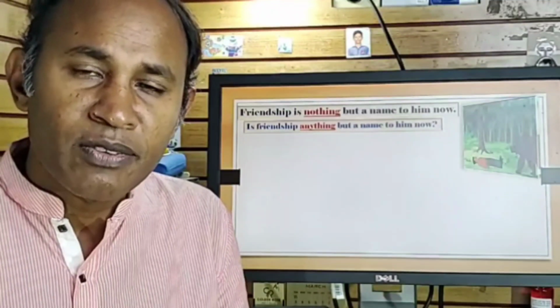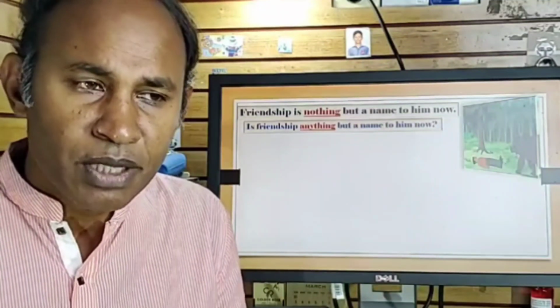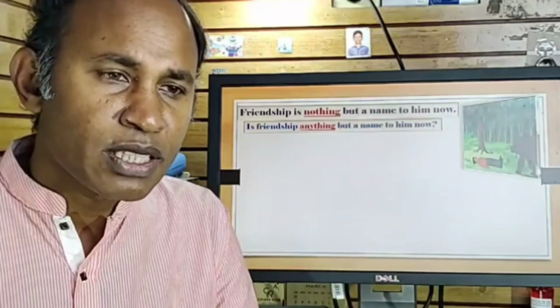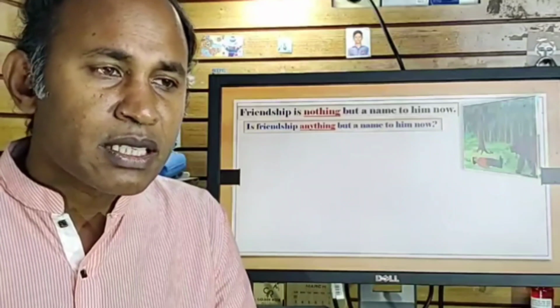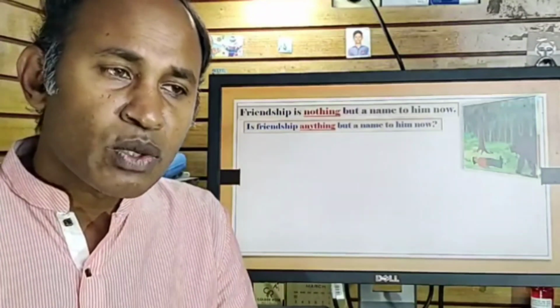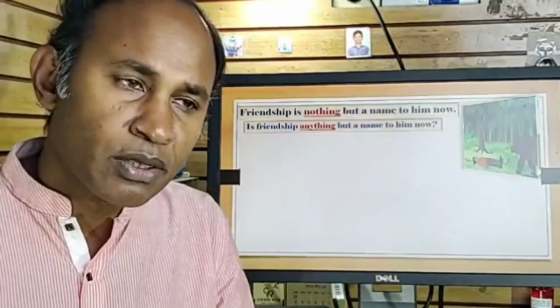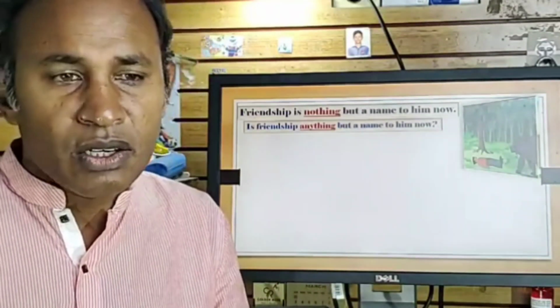If there is never, we put ever and bring the auxiliary verb to the front. Likewise this structure is also very simple: in place of nothing we use anything, and simply bring the auxiliary verb before the subject. Okay, this is your answer.